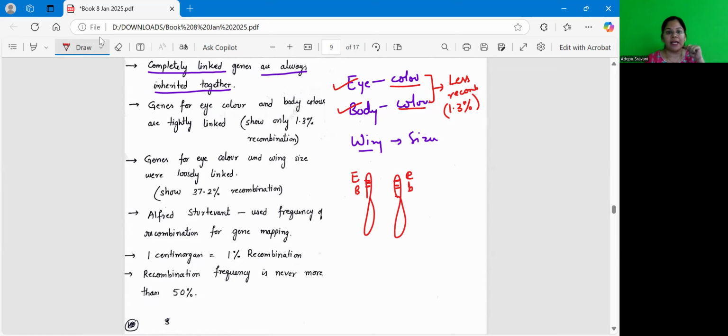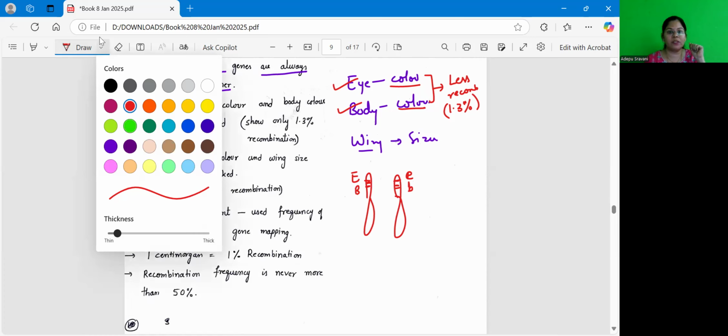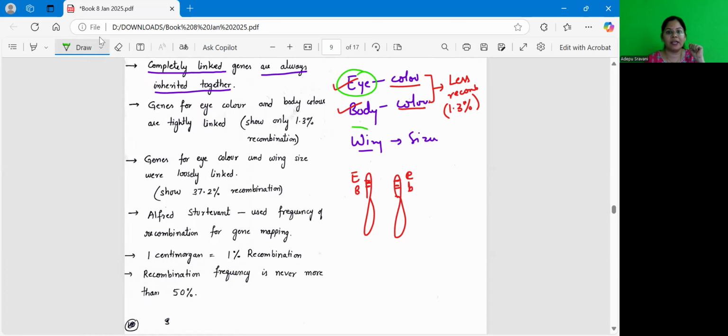Whereas for eye color and the wing size, the next experiment was done between eye and wing. Okay, so here wing size, the distance between eye color and wing size was more. And as a result, we could see more recombination. So the recombination percentage was 37%.